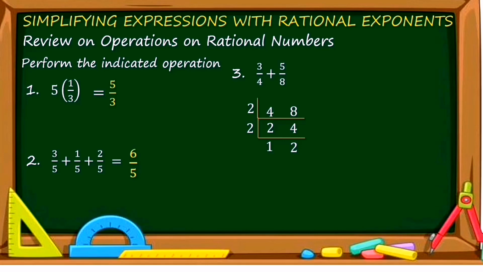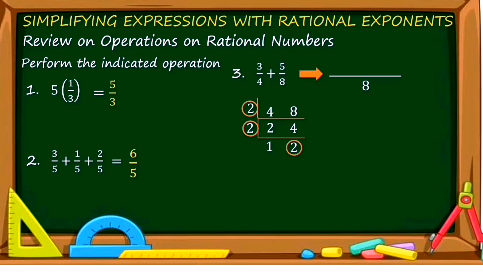So let's stop here. To find the least common multiple, we need to get the product of 2, 2, and 2. So that is equal to 8.